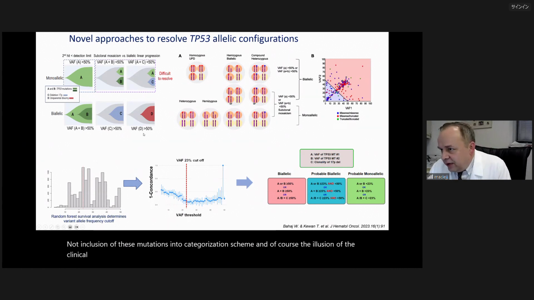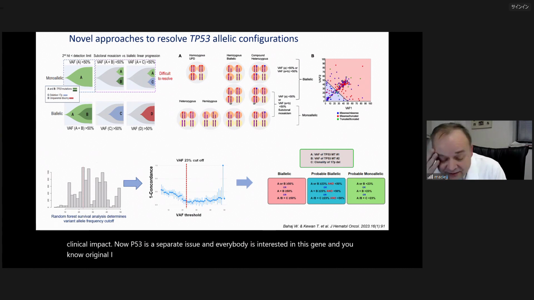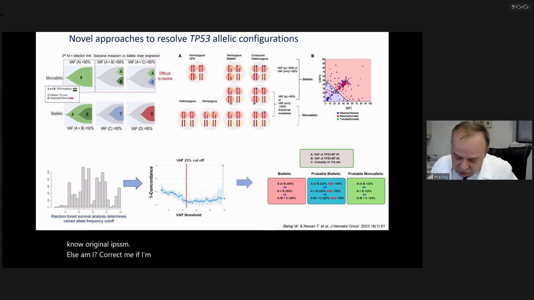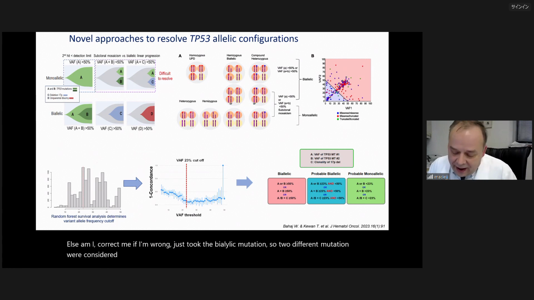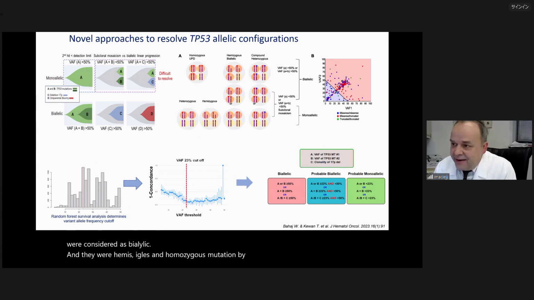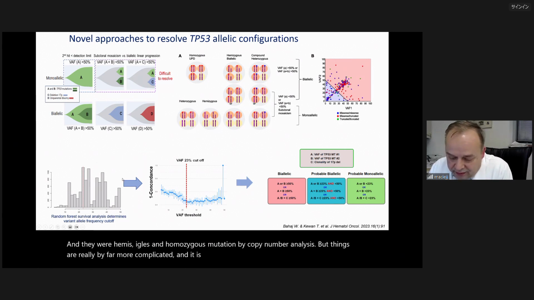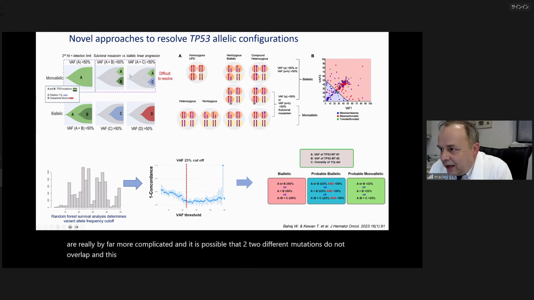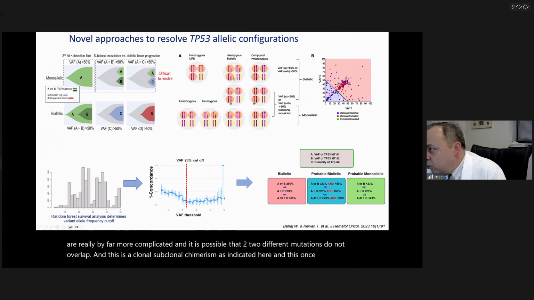Now, P53 is a separate issue, and everybody is interested in this gene. And the original IPSS-M, Elsa might correct me if I'm wrong, just took the biallelic mutation. So two different mutations were considered as biallelic, and they were hemizygous and homozygous mutation by copy number analysis. But things are really by far more complicated, and it is possible that two different mutations do not overlap, and this is a subclonal chimerism as indicated here, and this is once more a different way of showing it.